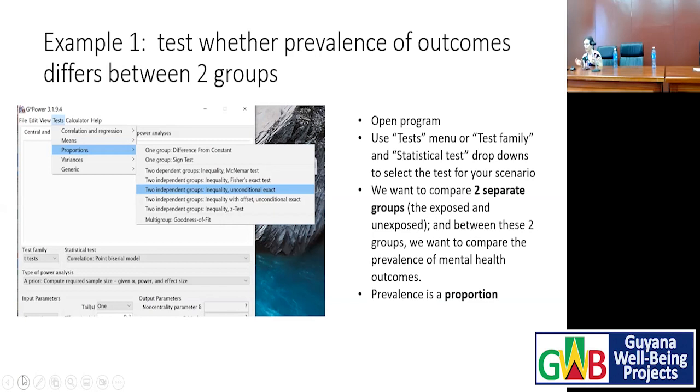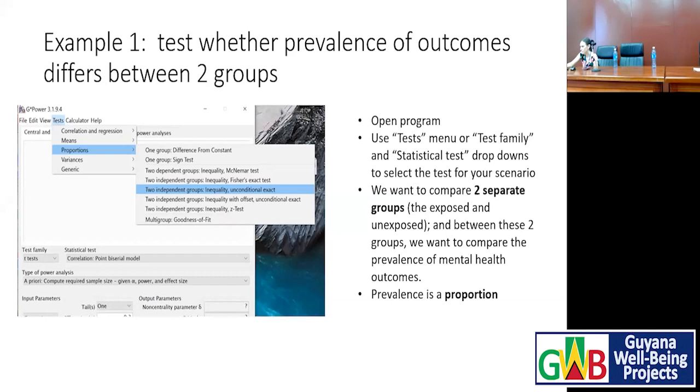So here I have the screenshot. Oh yeah, okay, I can use this for pointing as well. When you open the program, the window opens up, and here I'm selecting tests, and then these menus drop down to select our scenarios.